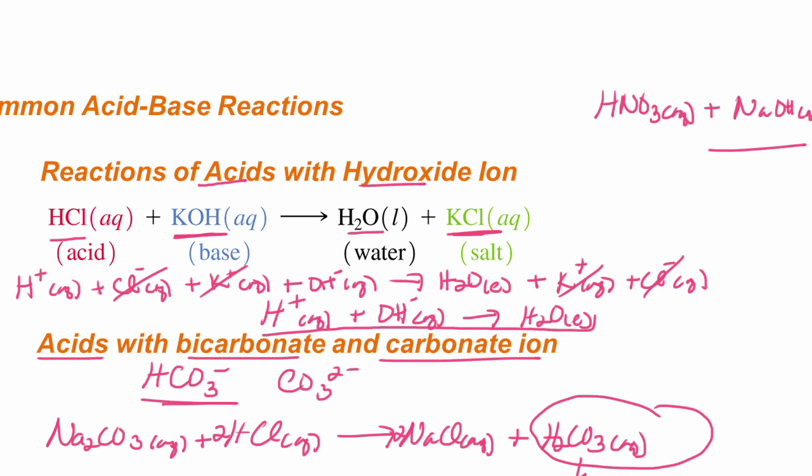The next topic we're going to discuss is that of salt solutions. You would always think of a salt solution as being neutral, but that's not the case. Remember, salts that dissolve in water will dissociate into ions, and some of these ions can actually react with water to produce either hydroxide ion or hydronium ion.